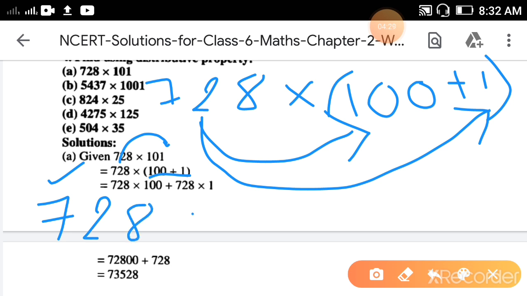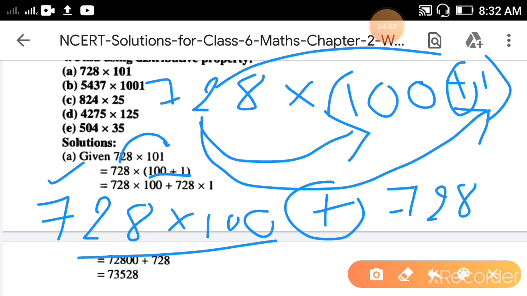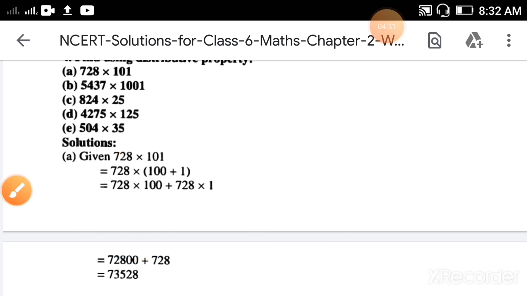728 multiplied by 100. Okay, this is the first time. Then which sign is given? Plus. If a minus sign is there, then here you have to put a minus sign. Then 728 into 1. This way you have to use the distributive property. Okay, the same thing is written here.